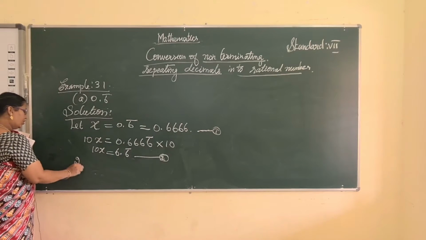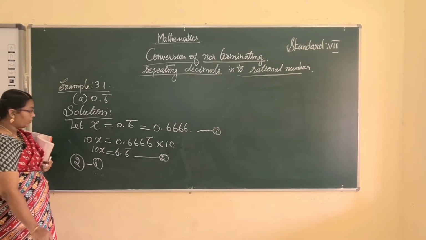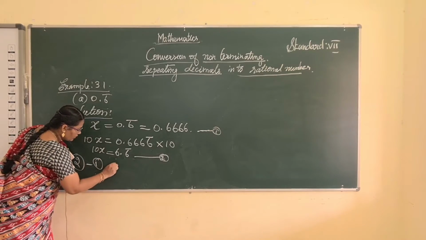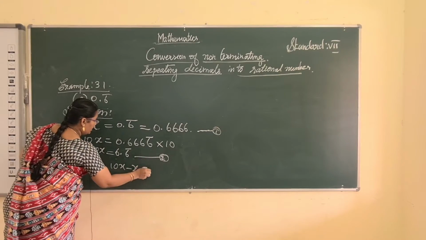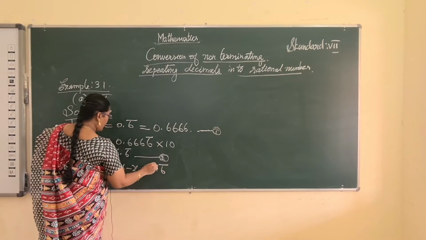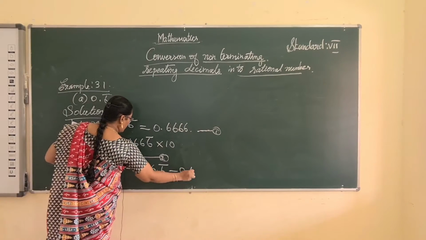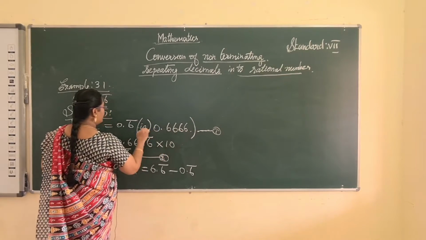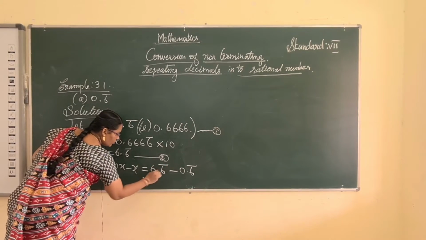Now we subtract 1 from 2. So 10x minus x equals 6.6 bar minus 0.6 bar; the decimal parts cancel. What do we get? 6.